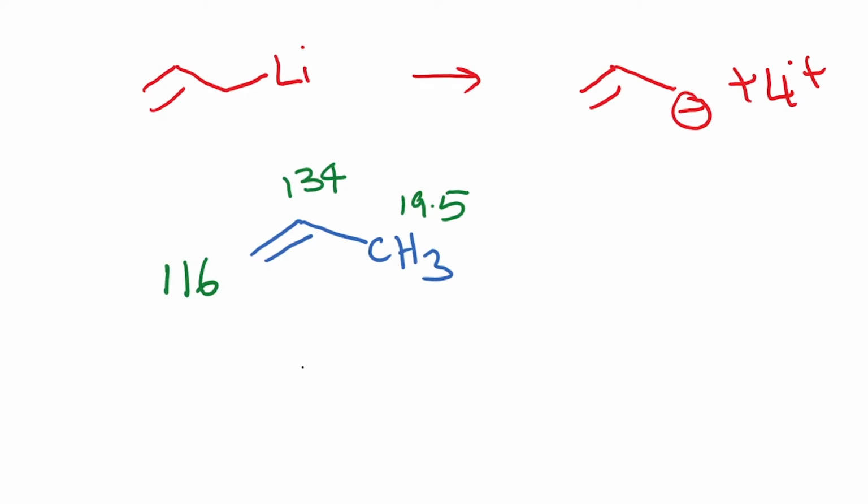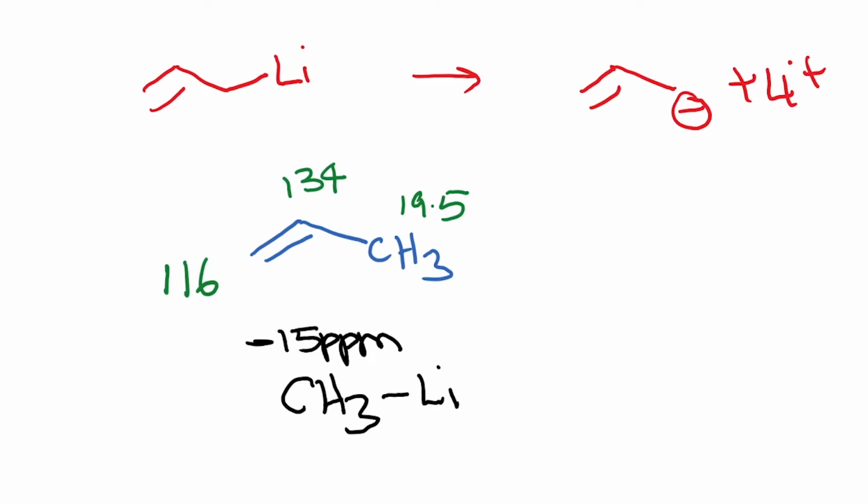And if we take the NMR spectrum of methyl lithium, then we see a peak at minus 15 ppm. All of these values are in ppm. So this methyl lithium pushes the chemical shift value all the way to much below 0.